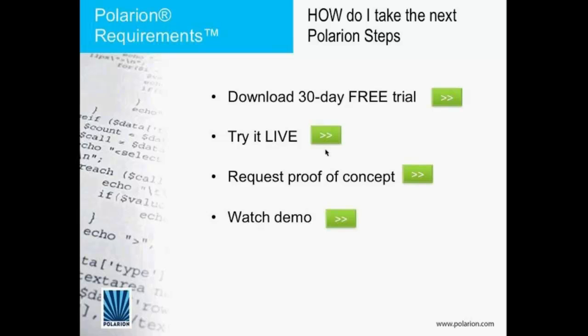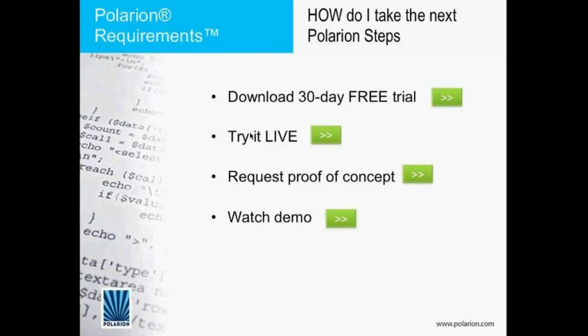And everything that you saw today from the eLibrary project in my demonstration will be available to you in that trial. You can also try it live online without having to install, but if you want to try importing your own documents, you will need to download that free 30-day trial. On the online demonstration or test drive, you won't be able to introduce your own requirements documents into the process.